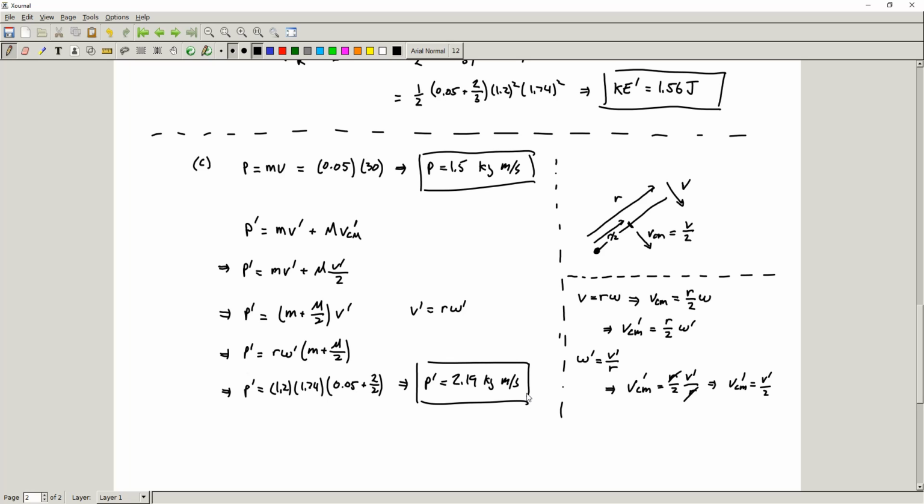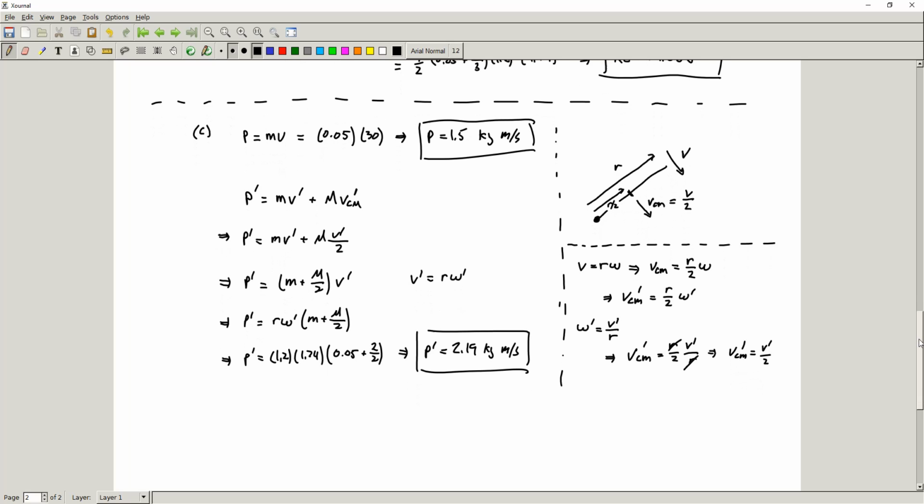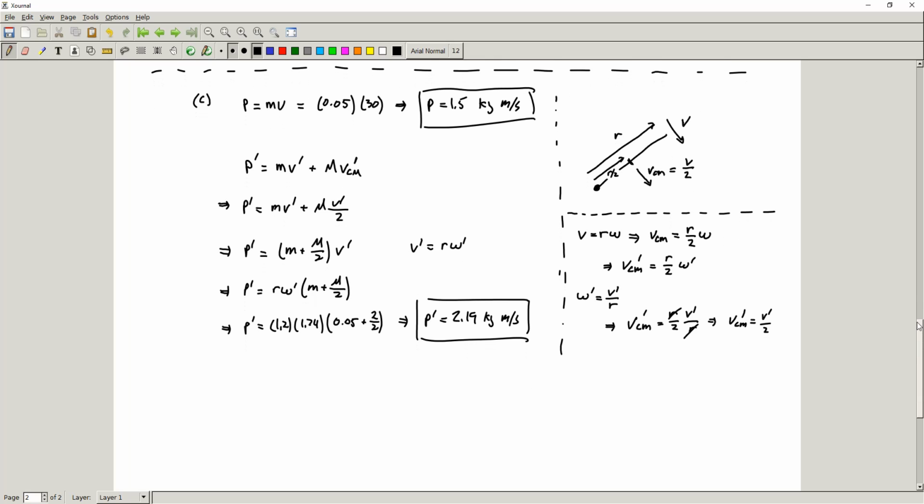And so what have we found here? Well, we found our final linear momentum, and we already had found our initial linear momentum. And somewhat, maybe surprisingly or counterintuitively, it ends up that our final linear momentum is greater than the initial linear momentum. And how do we sort of think about this?